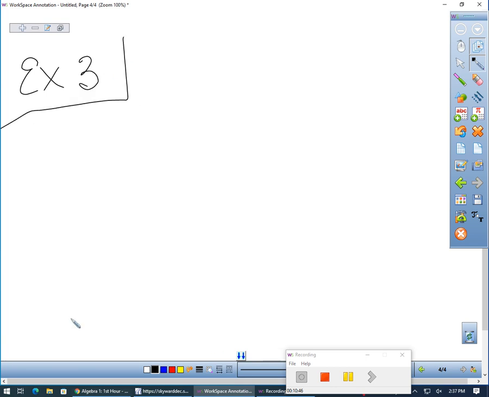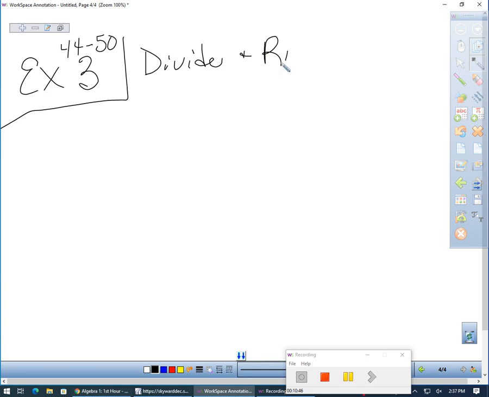All right, it's a little closer to what you're going to be doing for 44 through 50. The directions ask you to divide and rationalize.